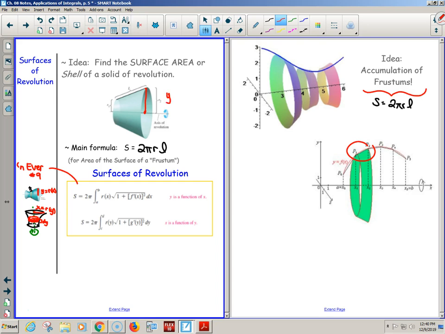If we're doing dy, no stress. It's y, done. But if we're doing dx, wouldn't it have to be y equals f of x? Does that make sense? So it depends on whether we're going in terms of x or in terms of y as to how exactly we're going to define that r of x. Makes it a little bit nastier as far as application.